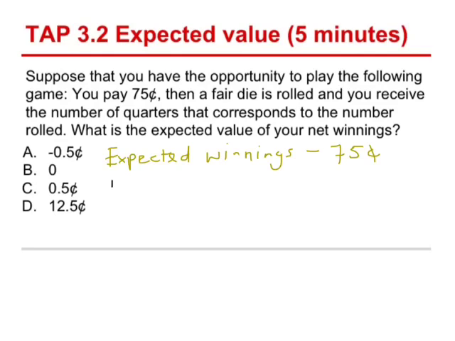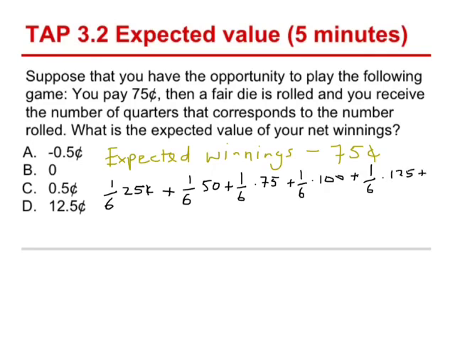So it's 1/6 times 25 cents. That's if a 1 comes up, plus 1/6 times 50, plus, I mean, you get the idea, right? 1/6 times 75, that would be 3/4, plus 1/6 times $1, plus 1/6 times 125, plus 1/6 times 150.